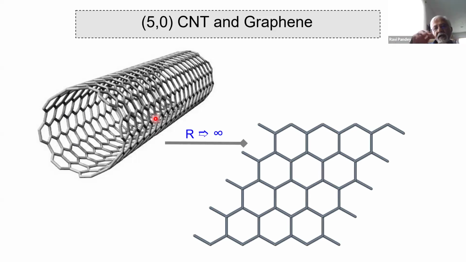And suppose we take a very large diameter carbon nanotube, which can be approximated by a graphene surface. So what we have is these DNA bases interacting with a small diameter and a large diameter, which gives two ends of the interaction strength.